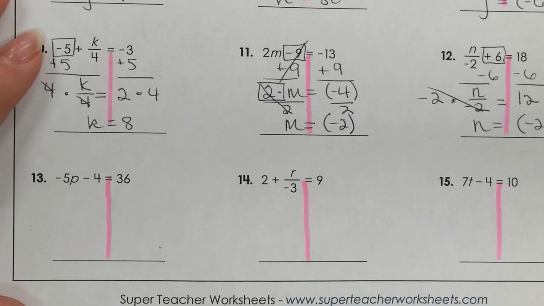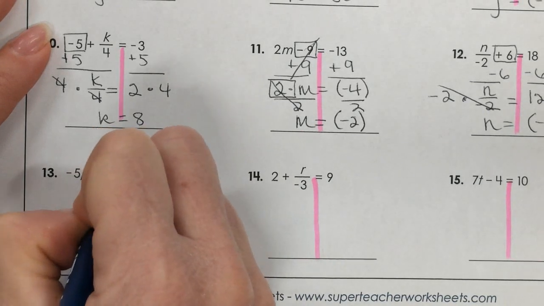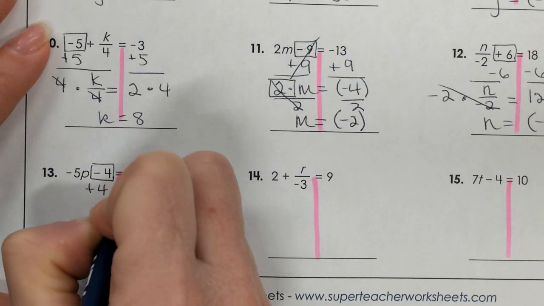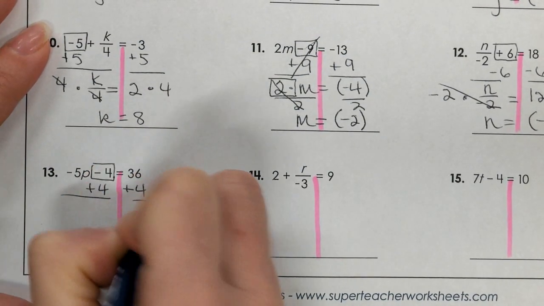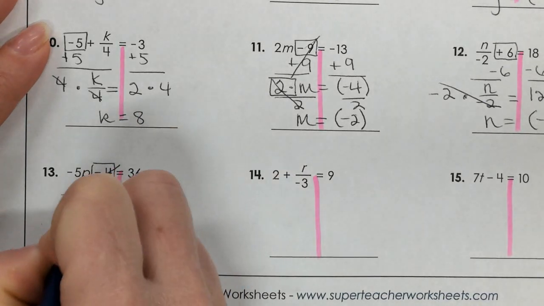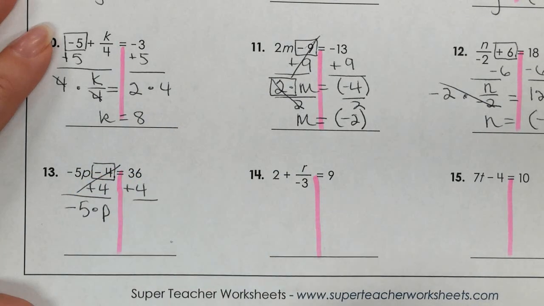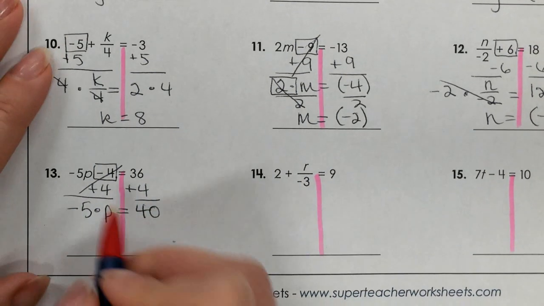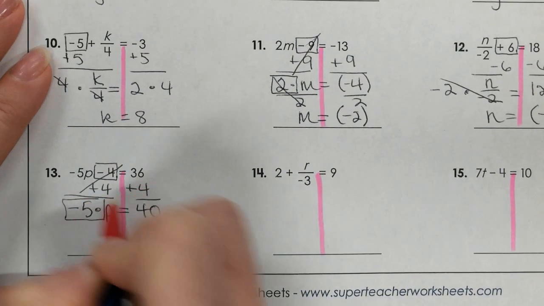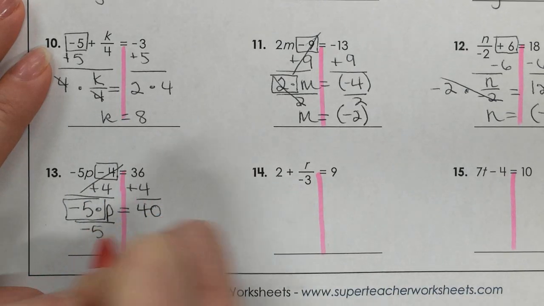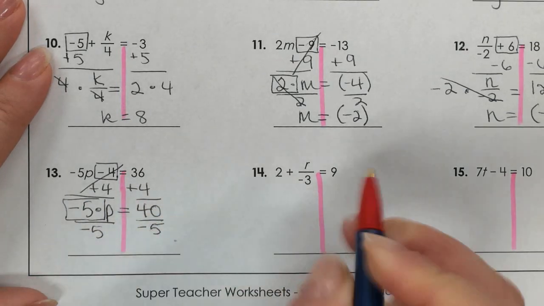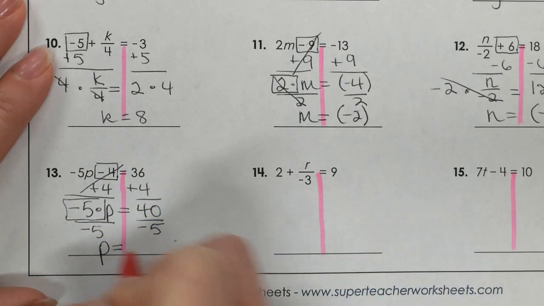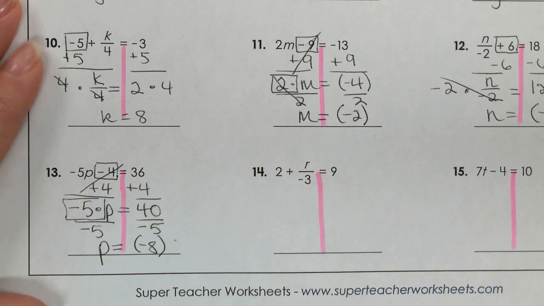And for problem 13, we're going to get rid of minus 4 first using addition. That leaves negative 5p, which is negative 5 times p. It's equal to 40. To get rid of times negative 5, we'll use division. Divide by negative 5 on both sides. And that leaves p is equal to negative 8.